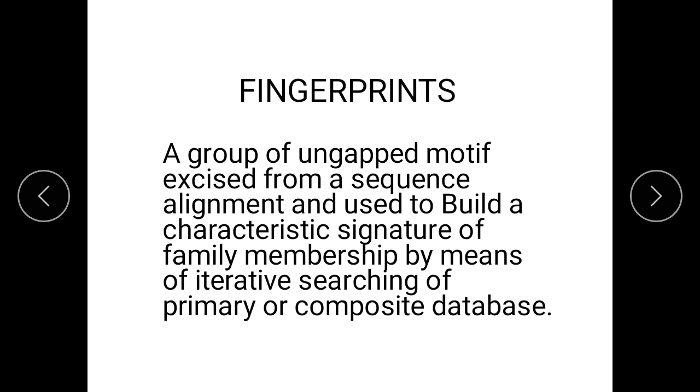Last is the fingerprints. It is a group of ungapped motifs excised from a sequence alignment and used to build a characteristic signature of family membership by means of iterative searching of primary or composite databases.